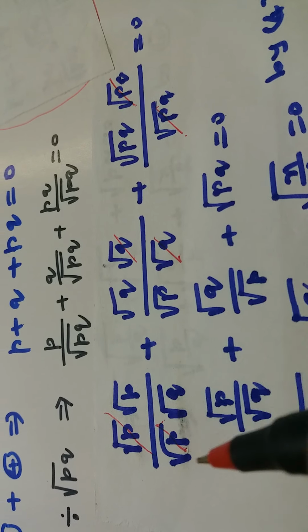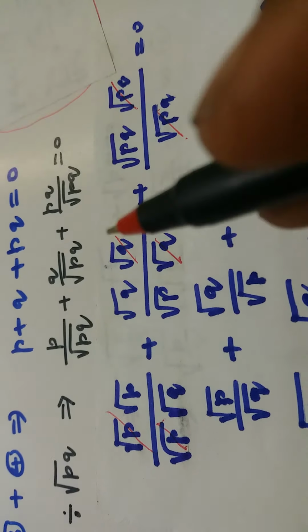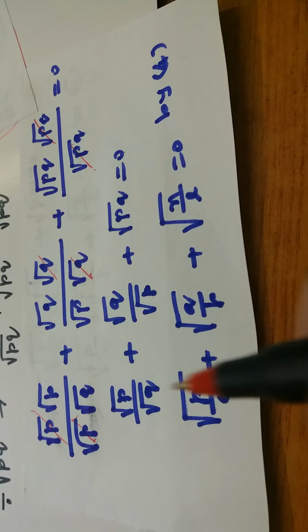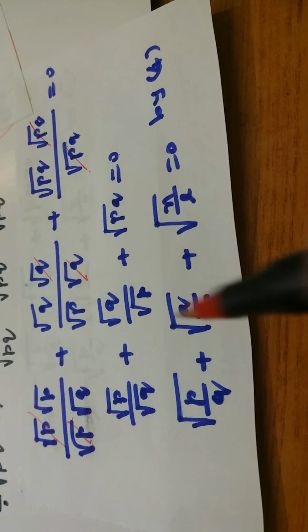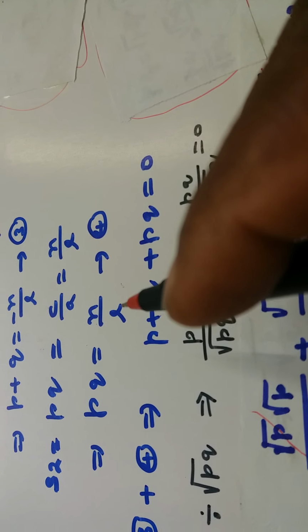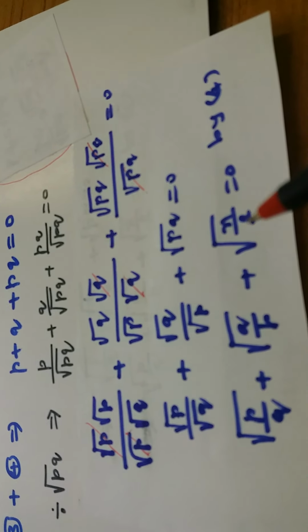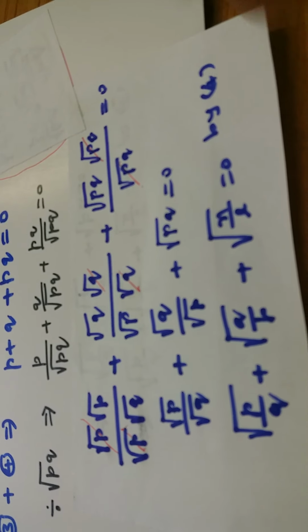Now cancelling root P, you get root of P by root of Q, plus here root Q cancelled, you get root of Q by root of P, plus here root of PQ cancelled, you get root of PQ is equal to 0. So root P by root Q is nothing but square root of P by Q, plus square root of Q by P, plus by using equation number 4, PQ is equal to N by L. If you are taking square root on both sides, square root of PQ is equal to square root of N by L. Equal to 0. Hence proved.